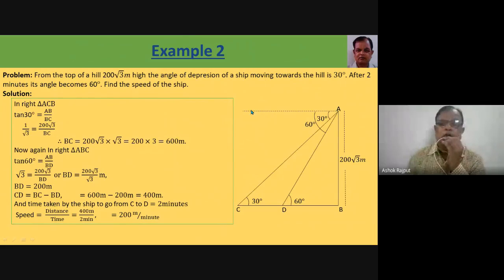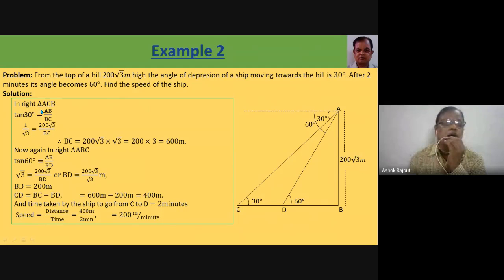As we have drawn the figure, it is the first position of the ship. From here, it is moving towards the hill. Its height is 200 root 3 meter, and from C to D it takes 2 minutes. So, after that, we will calculate the time as we have made the figure.